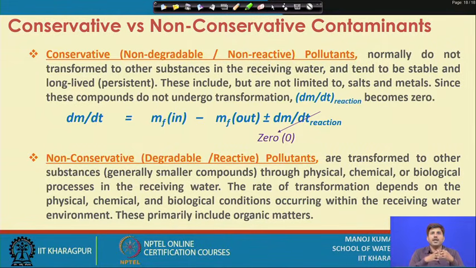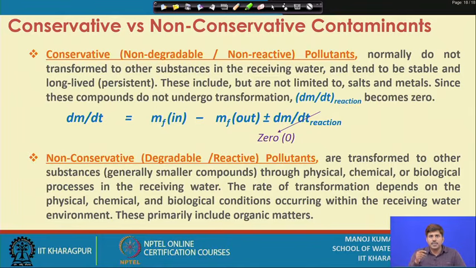Then we have the type of contaminants, which type of contaminants we are dealing with. There are conservative pollutants, which are also called non-degradable or non-reactive pollutants. Normally these do not transform to other substances in the receiving water because they are conservative. They conserve their mass, they do not take part in a reaction, they do not get transformed to something else. So, that is what is called a conservative pollutant.